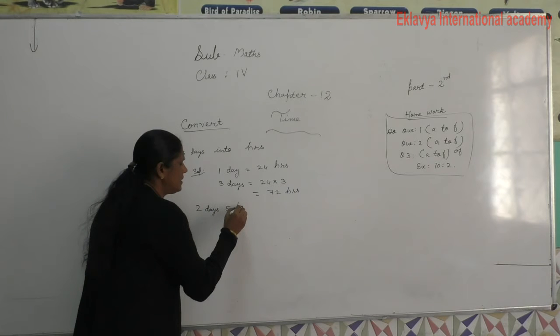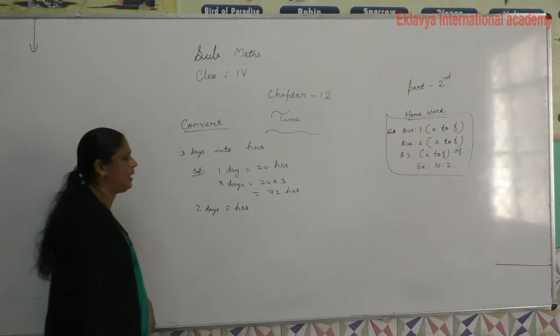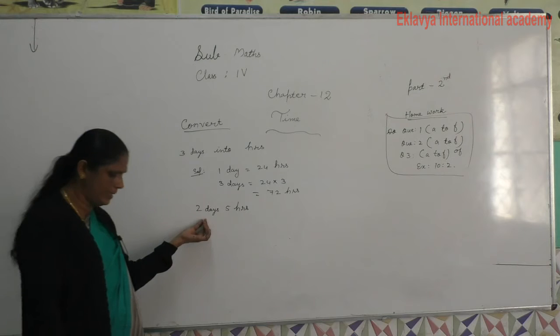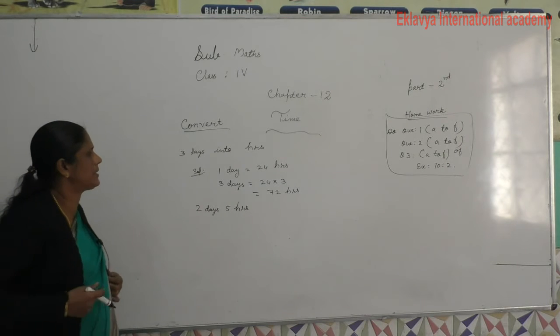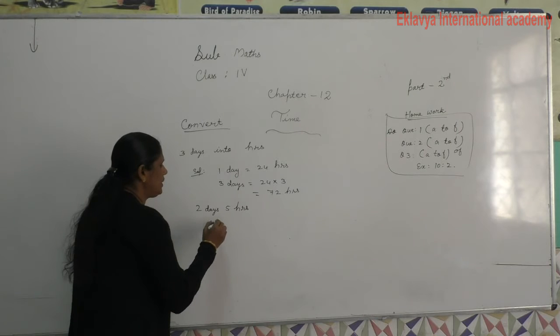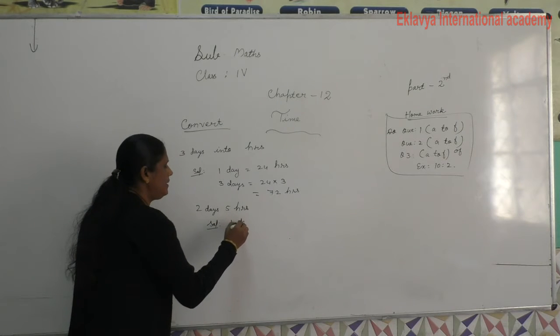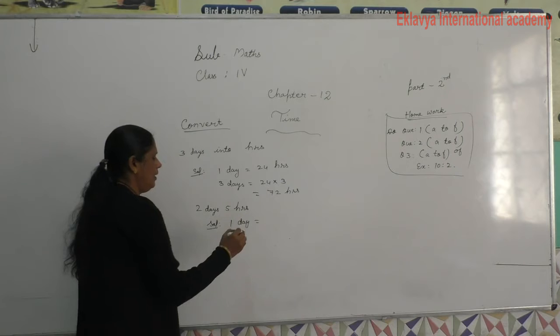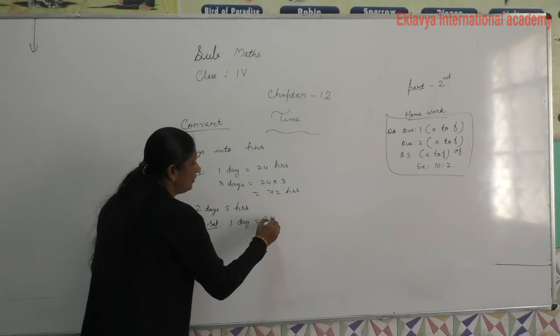Another question: 2 days 5 hours. Convert 2 days 5 hours into hours. Here again you write the solution. 1 day is equal to 24 hours.